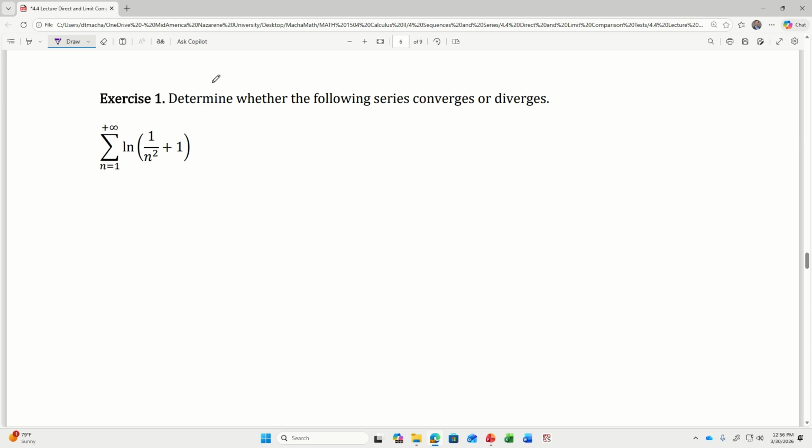So here's an interesting one. Determine whether the following series converges or diverges. The series is natural log of 1 divided by n squared plus 1. So what do you think we should compare this series to?